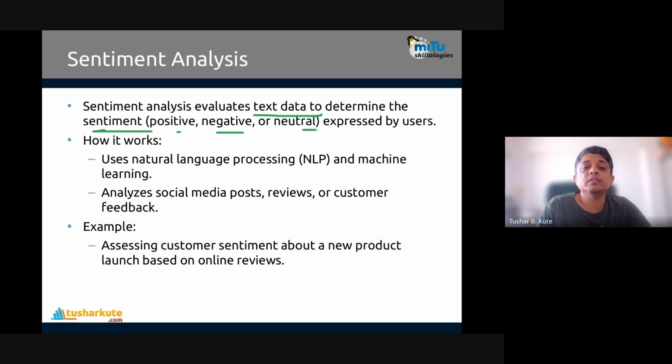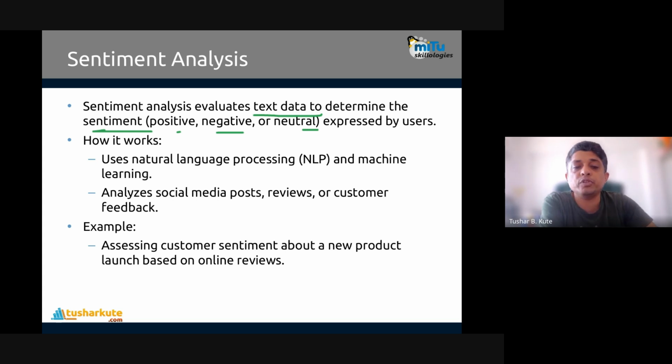But NLP cannot do this work independently. We have to combine NLP and machine learning, NLP and deep learning together. This task can also be performed by recurrent neural networks.